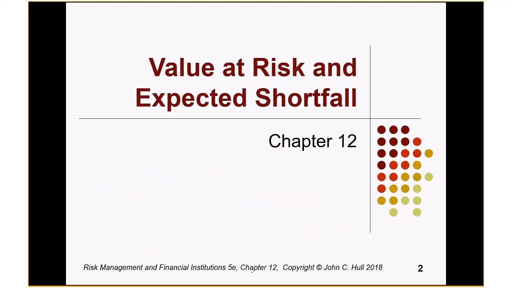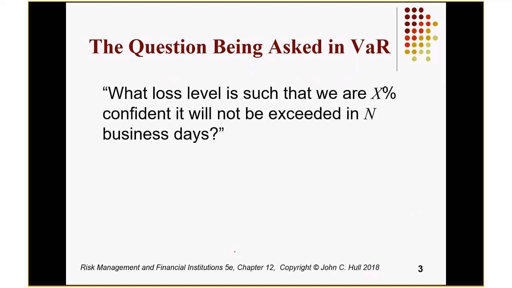Again, we are using John Hull's 2018 Risk Management and Financial Institutions book. This is also the core curriculum requirement for the financial risk management exam. The question being asked in a value at risk calculation is, what loss level is such that we are some percent confident that it will not be exceeded in several business days?